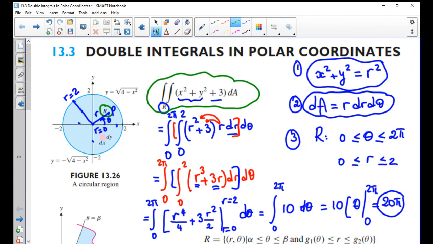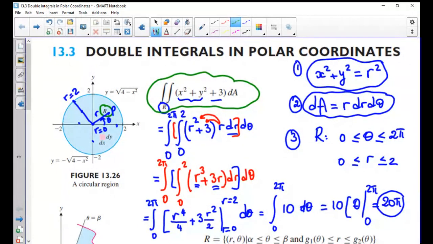Do you understand this? This basically is what this section is about. How do we calculate integrals by using polar coordinates? Usually there is always a question like this. In your test 3, you will see 1 or 2. In the final exam, you will also see 1 or 2 like this.